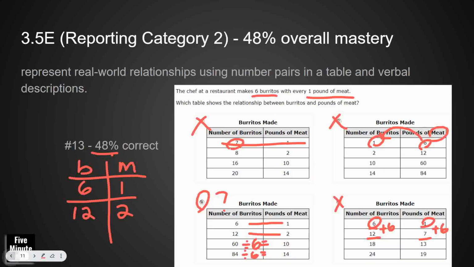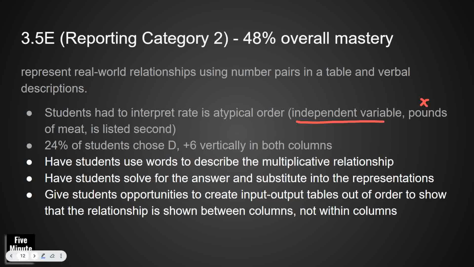So honestly, if we go back and look at this, this even took me a little while to understand because this is, right, the independent variable, which is not something that they learn yet, but something they will start dealing with. It's actually listed in reverse order. So that might have thrown students off because there was something a little bit off about that problem.